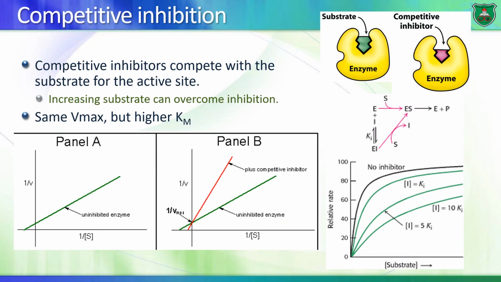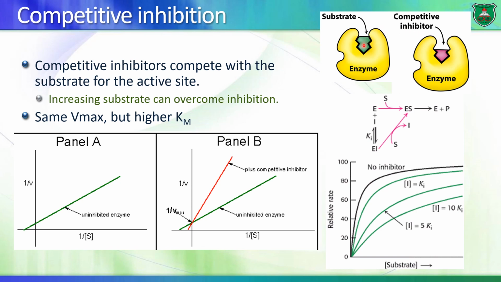So let's start with competitive reversible inhibitors. What these inhibitors do is bind to the active site of the enzyme. So here you have a substrate binding to the enzyme, and here you have an inhibitor. The inhibitor mimics, it looks like the substrate, so it binds to the active site and prevents the substrate from binding to the active site.